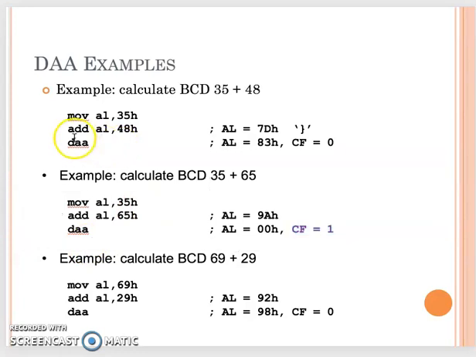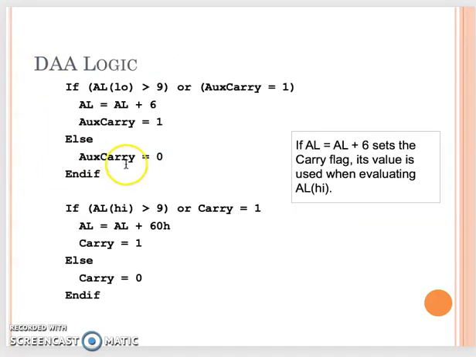For the DAA example, the logic behind the DAA instruction you can try to see here. If you are interested, you can try to read about that logic, but I will just quickly explain it. The reason is we are using hex to do the calculation.